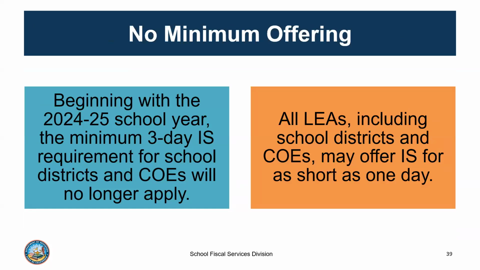Now, all LEAs, including school districts and COEs, have the flexibility to offer independent study programs for as short as 1 day. Although there is no longer a minimum offering for independent study, it is important to note that independent study may not be used as a make-up attendance program.